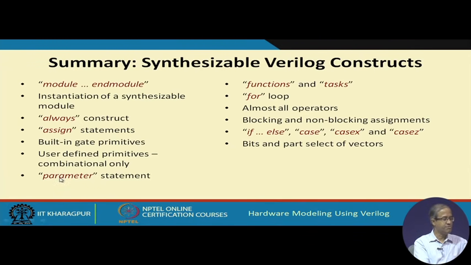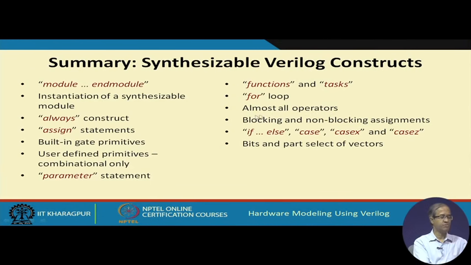Parameters you can use, and functions and tasks, as I mentioned some time back, can be used. For loop is usually supported by all synthesis tools, the other kinds of loops may not be supported. So again you will have to specifically check whether the other kinds of loops like while or repeat are supported or not. Okay.